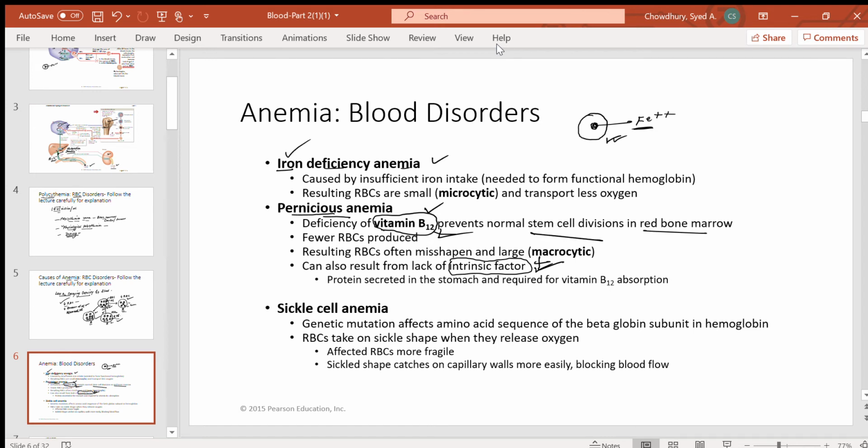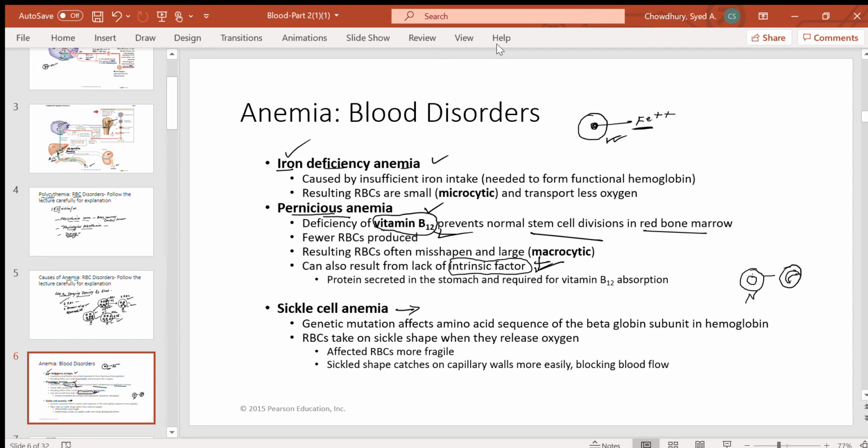Sickle cell anemia. This is abnormal hemoglobin content anemia. You remember I mentioned that if you see that the hemoglobin is not normal, this is normal, and if you see inside the red blood cells under the microscope, in sickle cell anemia, the hemoglobin is more sickle shaped.